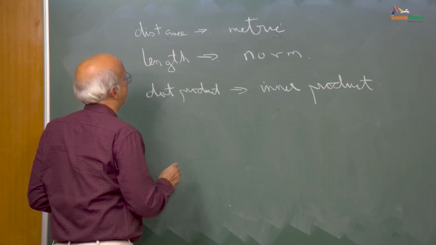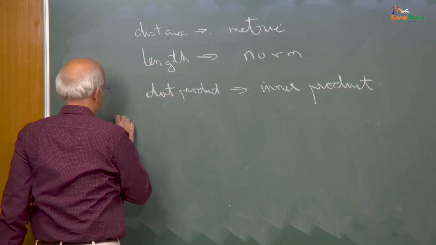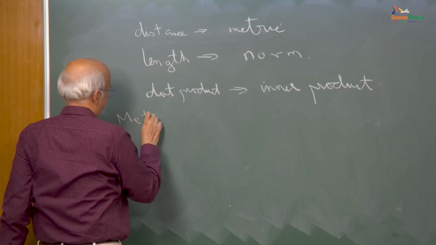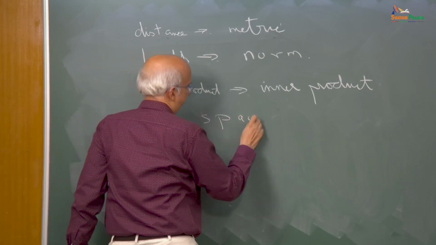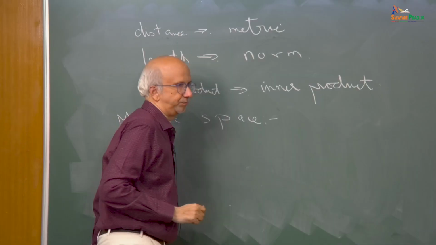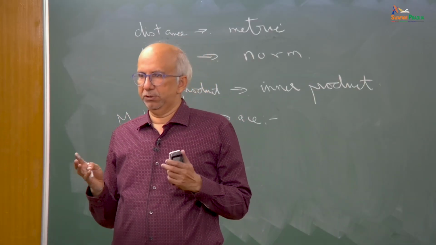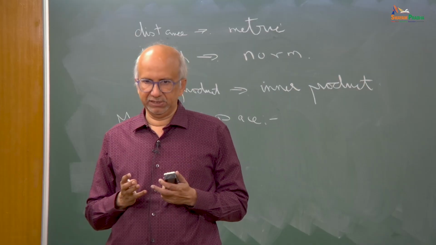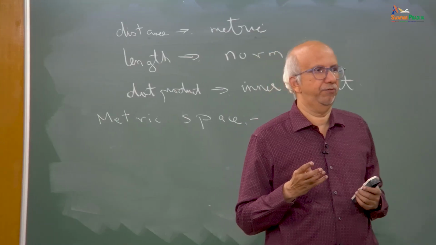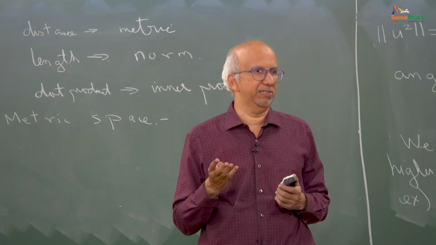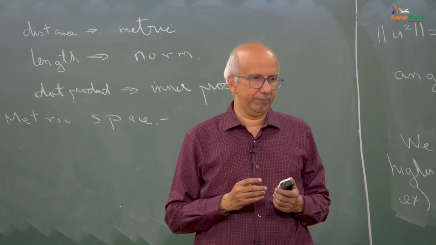So, first we will talk about metric space. Metric, I told you, is basically the concept of distance, okay. You saw one example of the definition of distance, the square root of (x1 minus x2) square plus (y1 minus y2) square.